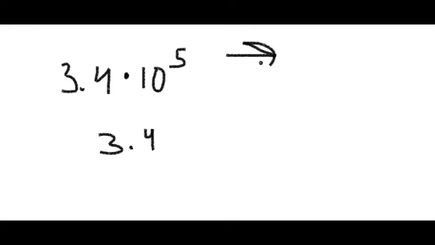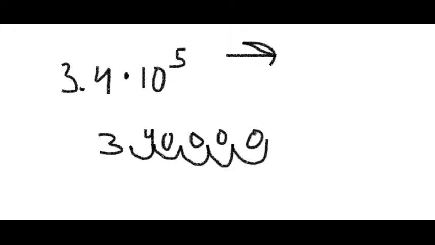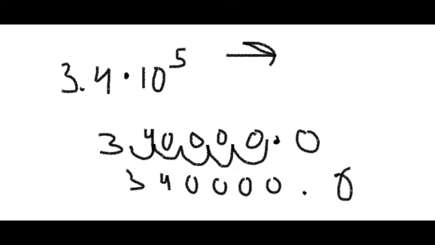Alright, so we go 1, 2, 3, 4, 5. So 0, 0, 0, 0, decimal 0. So the answer is 3, 4, 0, 0, 0, 0.0, which is 340,000. Alright, there you go. And then 51 would be the opposite way. Alright, not hard.